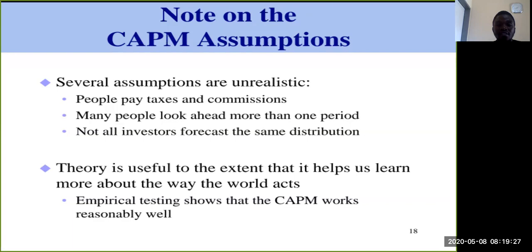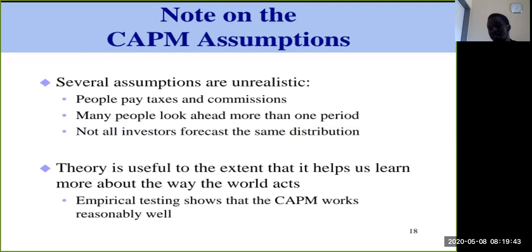Not all investors forecast the same distribution. The capital asset pricing model assumes that all investors have the same information and are able to forecast the same decision.